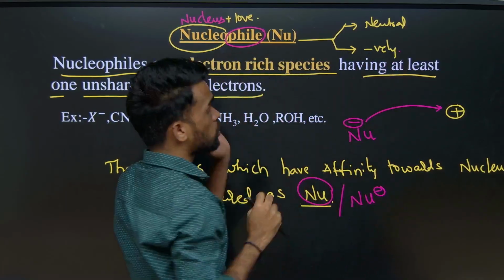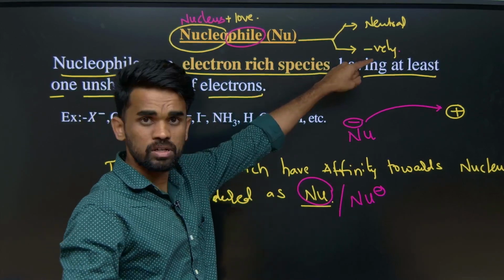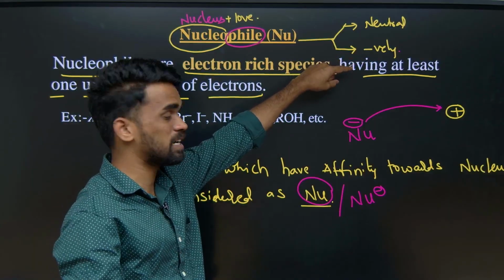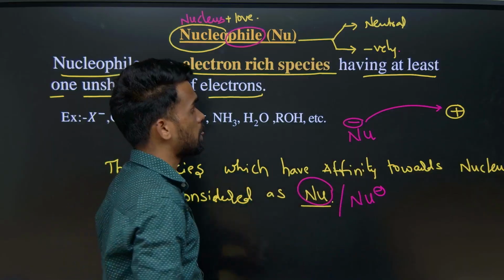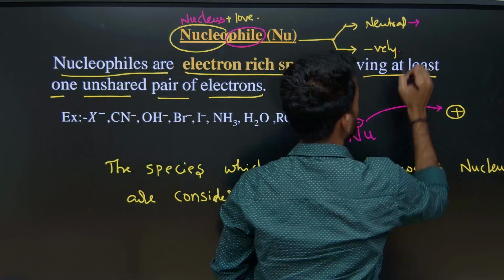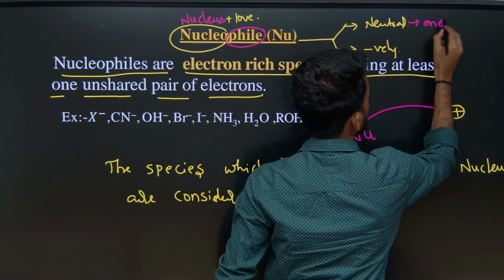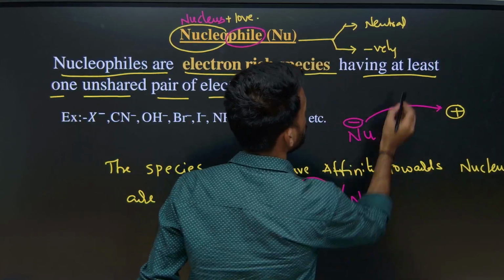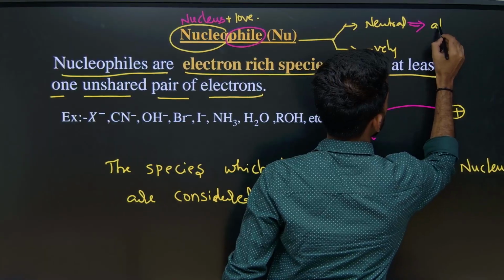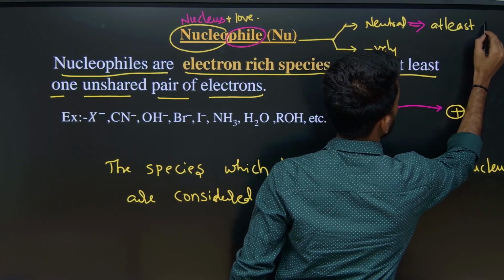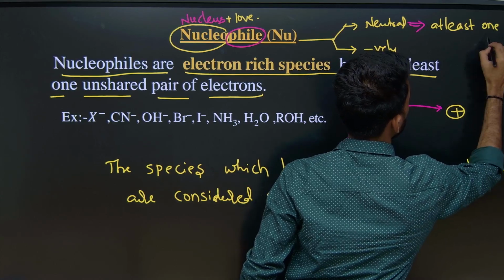A nucleophile should not have a positive charge, because negative charge means more electron density, while positive charge means electron deficiency, right? Now a neutral nucleophile means a species with at least one lone pair (LP) of electrons on it.